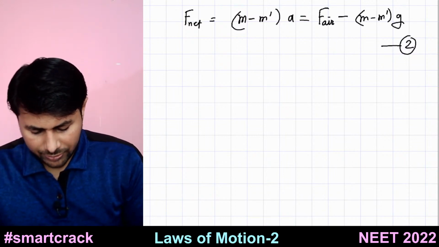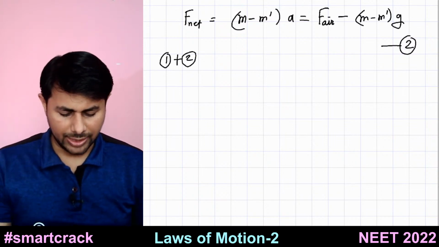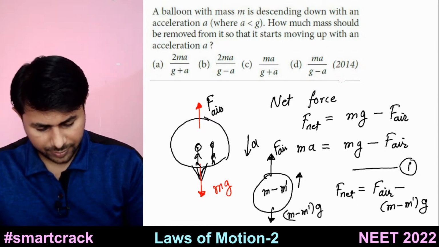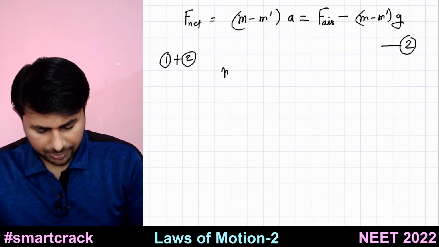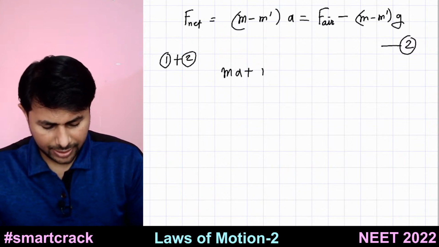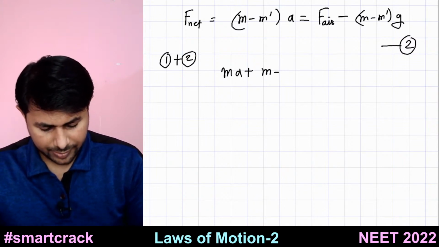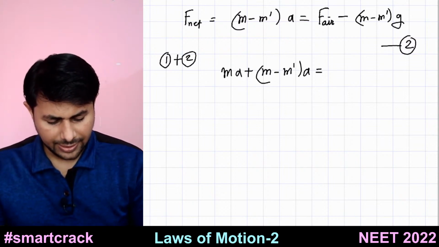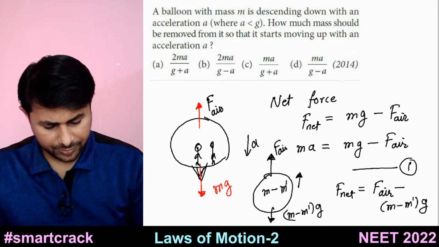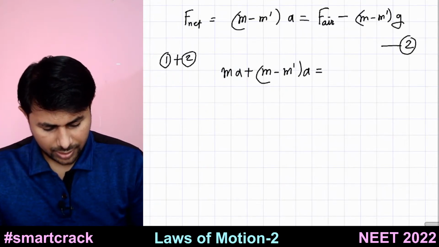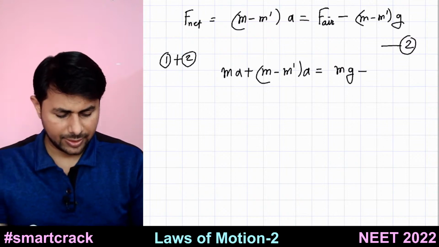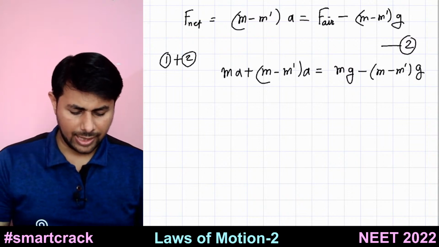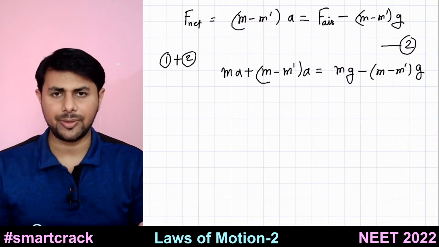So 1 plus 2 will give me, from the first one, m into a, and from the second one, m minus m prime into a, and that's equal to, on the right hand side, mg from the first one, mg minus m prime into g. We want to solve for m prime, so let's simplify this.